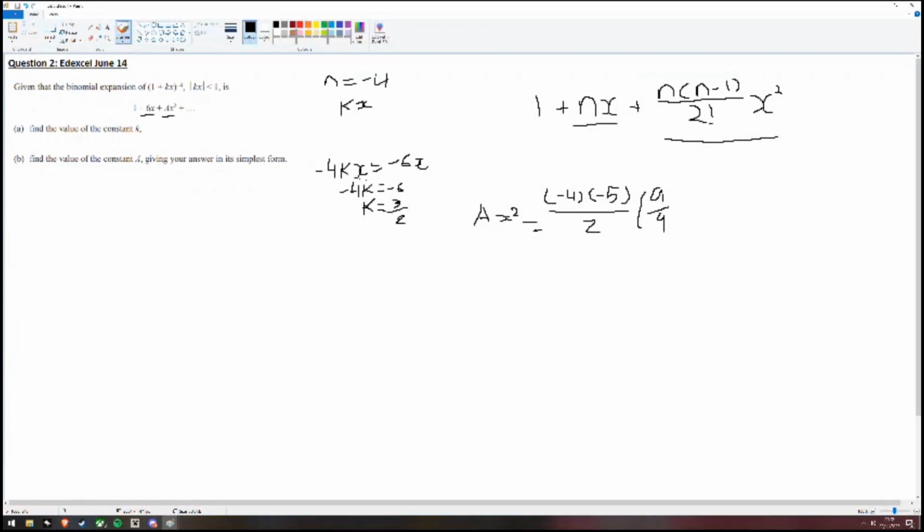So that is k, remember. k here is just 3 over 2. So 9 over 4 x squared. We can cancel off the x's immediately. And we've just got minus 4 times minus 5 over 2 times 9 over 4. Put that into your calculator and you get that a is equal to 45 over 2.